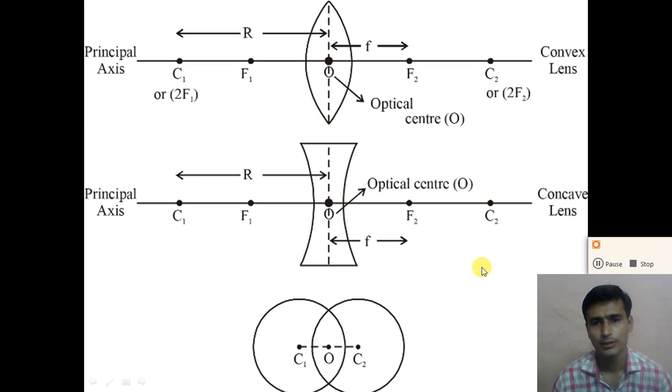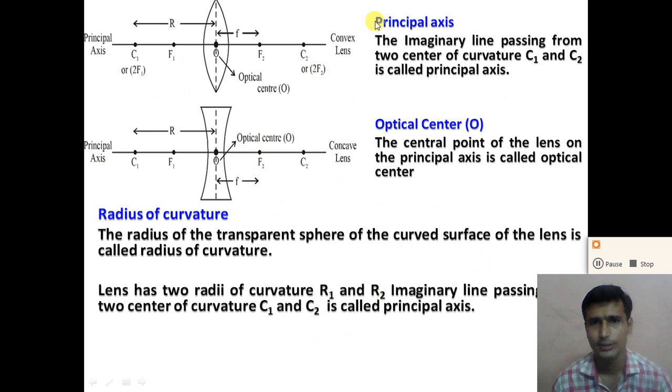Now let us repeat once again all the definitions. What do you mean by the principal axis? Before the principal axis, the center of curvature and the radius of curvature. So what do you mean by the center of curvature? The center of the imaginary sphere of which the spherical surface of the lens is a part is called the center of curvature.